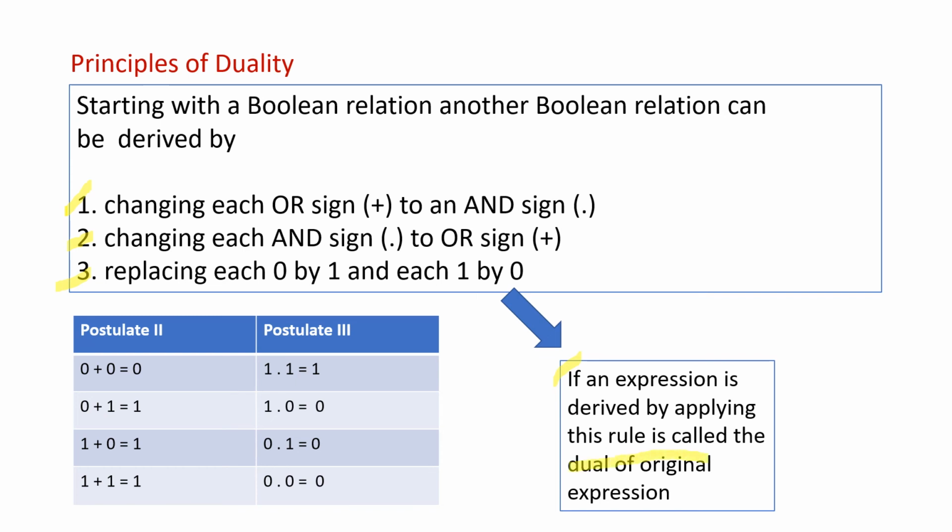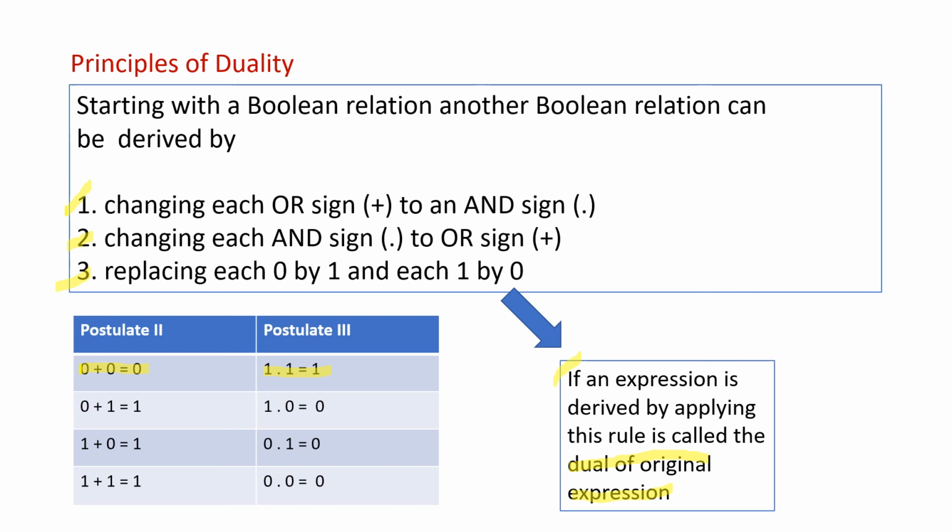And we can see that this can be proved by looking at postulate 2 and postulate 3. Now let us take postulate 2. Let us take the first row. It says that 0 or 0 is equal to 0, and if we replace all zeros by 1, and the OR symbol by the AND symbol, we will get the resultant expression as 1 and 1 is equal to 1.